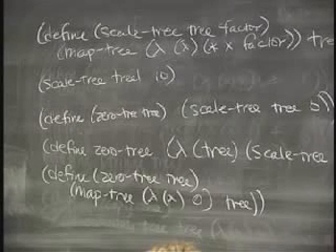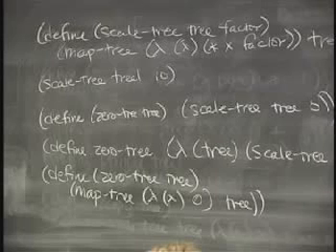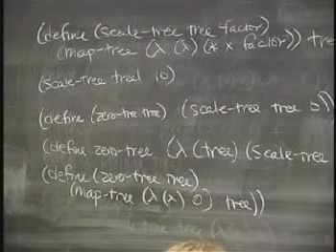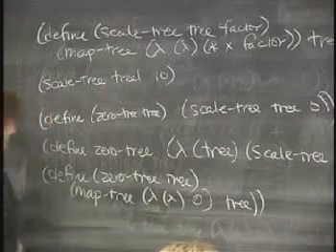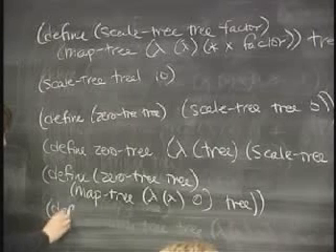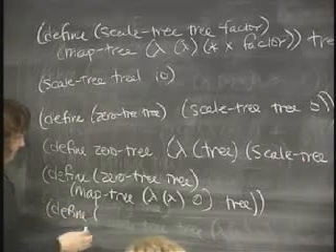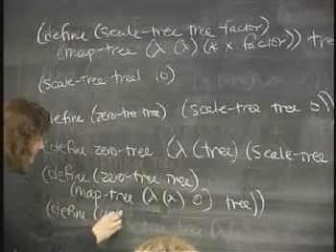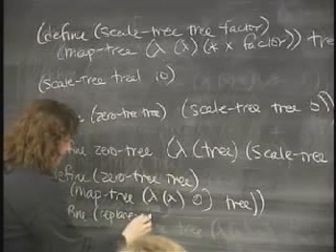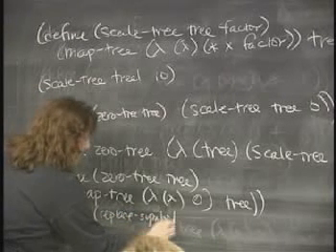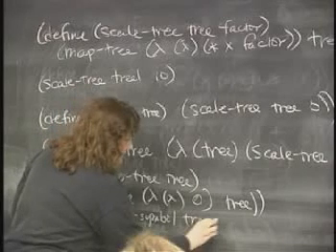What if you had a tree full of symbols as opposed to a tree full of numbers, and you wanted to clear all of them out, either replace them all with nils or replace them all with just a sort of base identity symbol? You would just replace the 0. So we could define replace symbol, tree with some symbol.